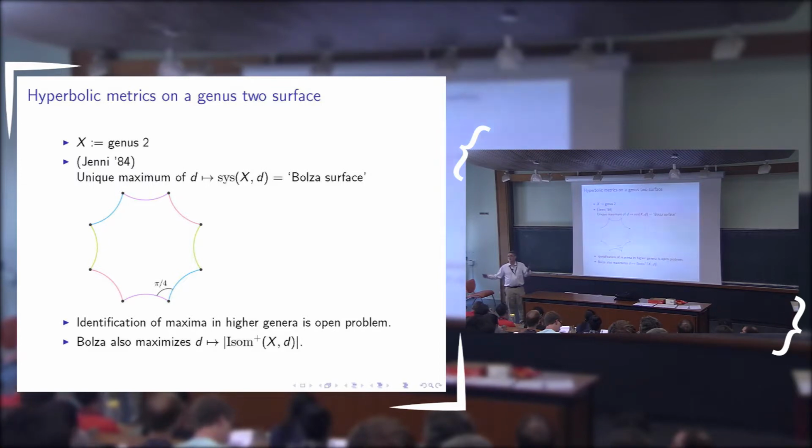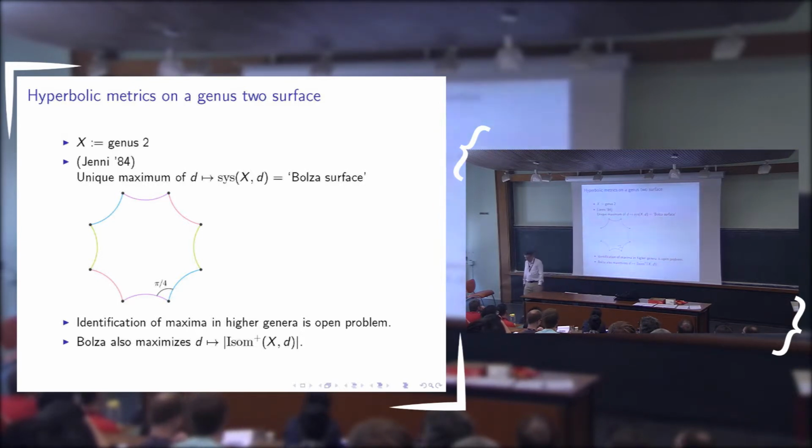Okay, so we just stopped at genus 2, and genus 2 is 1984. Notice that this Bolza surface also maximizes the isometry group, has the largest isometry group. It's not the Hurwitz bound, it's half of it. But it still maximizes.